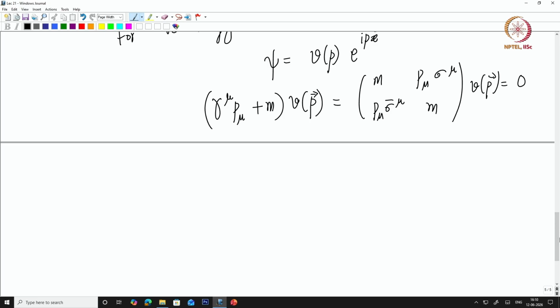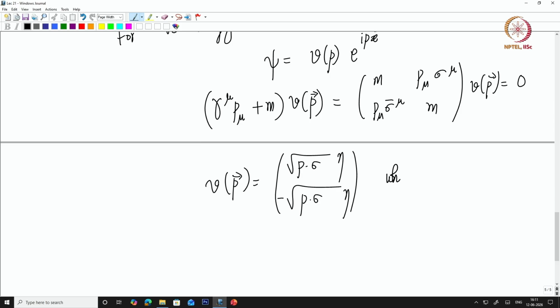Again you end up having the solutions to be V of p bar is equal to root of p dot sigma eta and root of minus p dot sigma eta, where eta dagger eta is equal to 1.